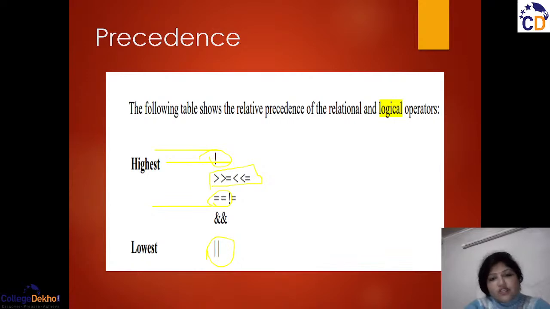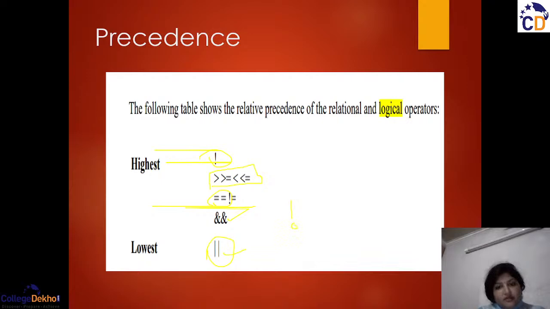So these operators are evaluated after all the comparison operators. And then we have the and symbol. So and has more precedence than your or operator, right? It works like this. First of all, among logical operators, not has the highest precedence.